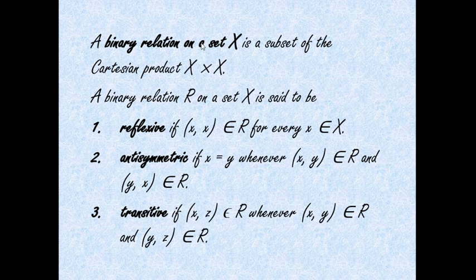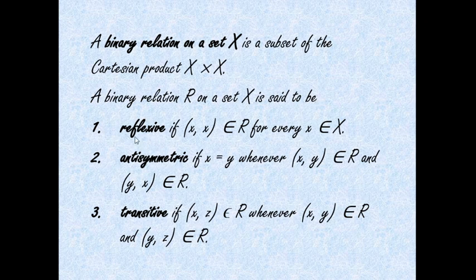A binary relation on a set X, we are just thinking about one set X, is again a subset of a Cartesian product, and here the Cartesian product is X cross X because only the set X is involved. So a binary relation on a set X is a subset of the Cartesian product X cross X. Now a binary relation capital R on a set X is said to be, we are thinking about three terms.